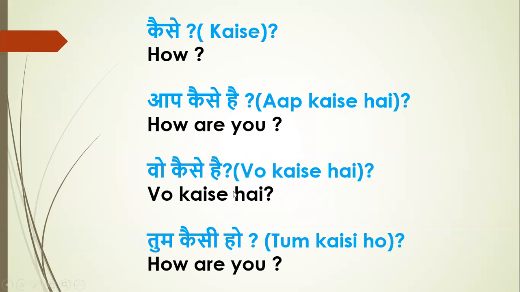Okay. Now, तुम कैसी हो? How are you? We use कैसी word for female. Remember the female nouns we use this. कैसी. Okay. तुम कैसी हो? Or else if it is a male, we always have to use आप कैसे हैं और तुम कैसे हो. Okay. तुम कैसी हो? मैं ठीक हूँ.